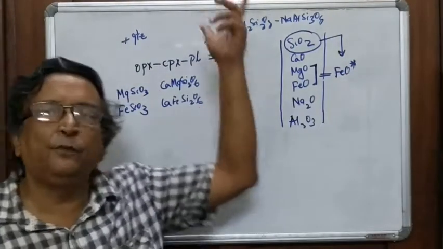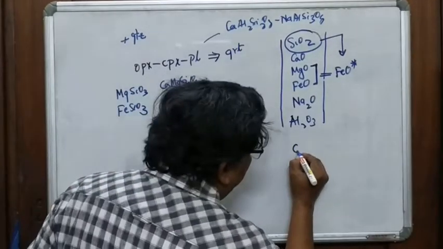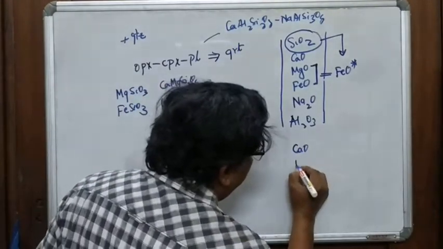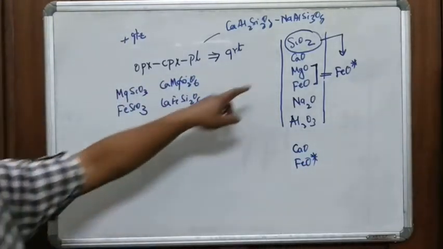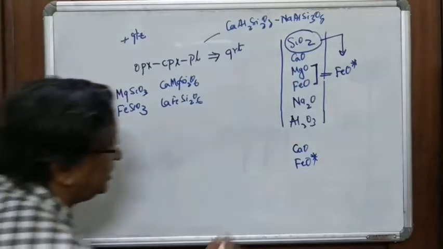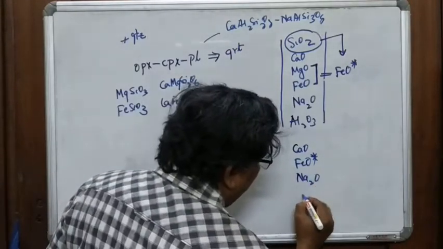FeO star is FeO plus MgO, let us assume. So now what we have is CaO, FeO star, remember it's a fictitious component. It takes in MgO plus FeO together, and then you have Na2O and Al2O3.